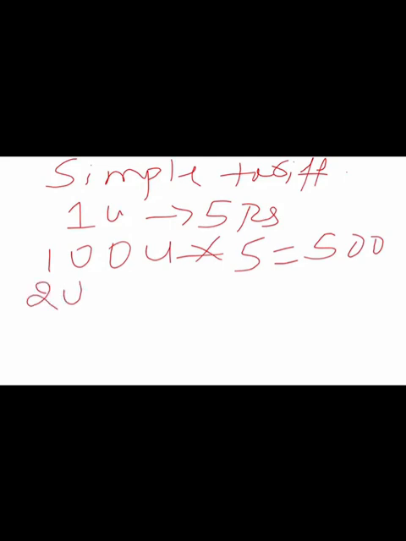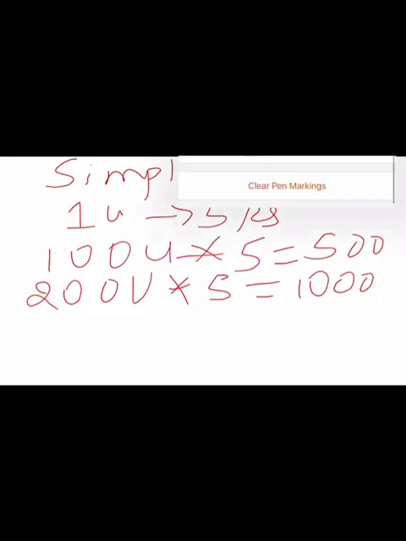Now if you are consuming 200 units, again per unit it will be 5 rupees, so you will be paying 1000 rupees. This is called a simple tariff. Whatever energy you consume, for every unit you will be charged only 5 rupees. It's called a simple tariff.